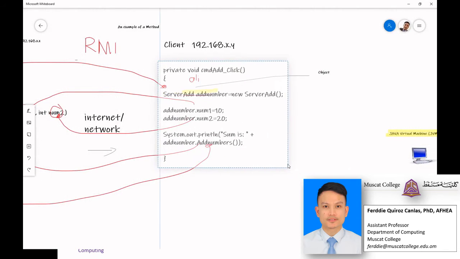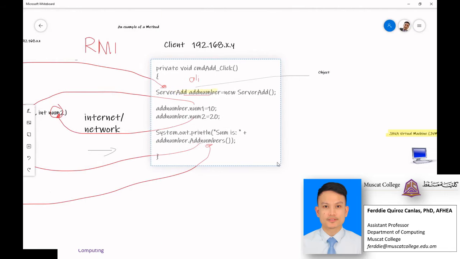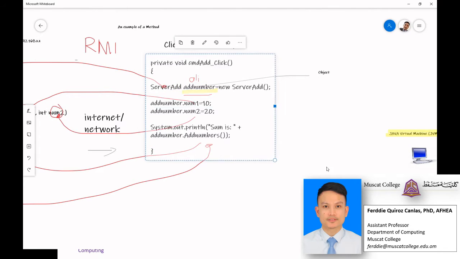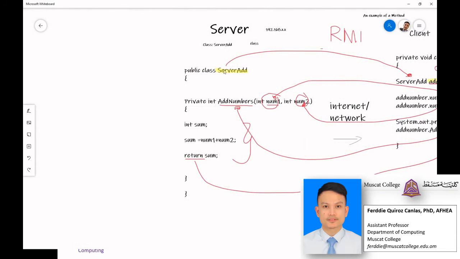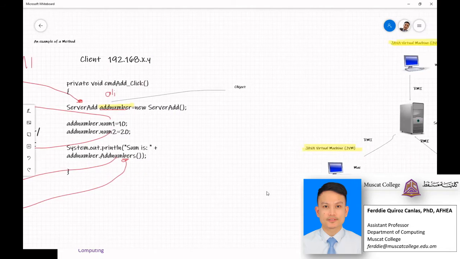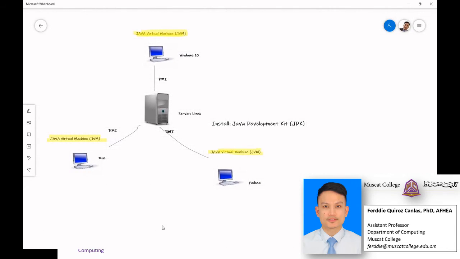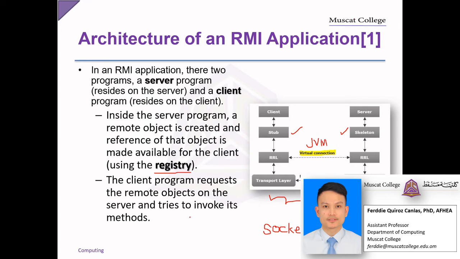We wanted to access the object, this add number, which belongs to the class server add. This is the main goal of RMI, the ability to access remote objects. But to do that, this architecture should be understood fully, and you have to write the code in such a way that you at least satisfy the requirement of each component in the architecture.